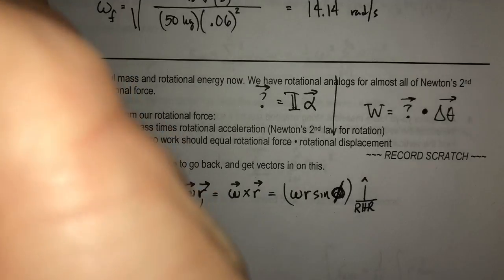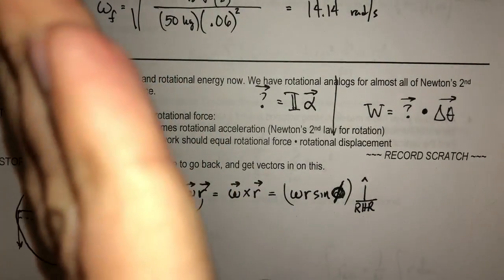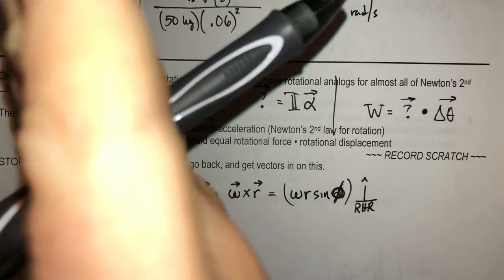Let's see. How do I do this on the camera? We point our fingers in the direction of omega. We point our palm in the direction of R. So my palm is pointing this way now. And wait, there we go. Fingers up in the direction of omega, palm out in the direction of R, and my thumb now points in the direction of V.